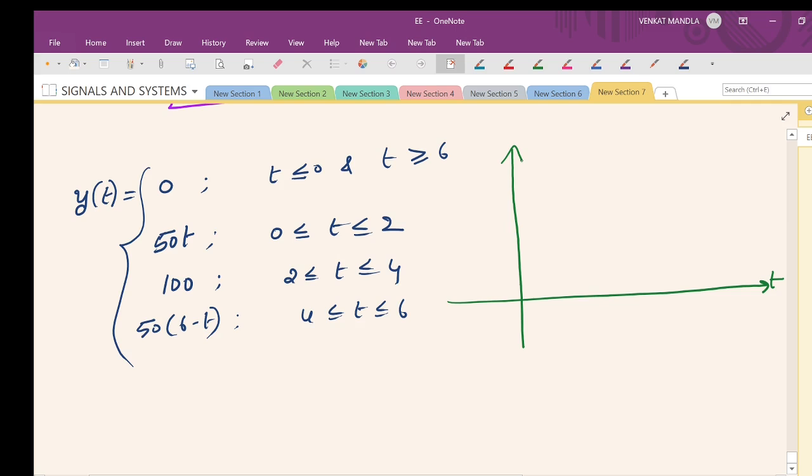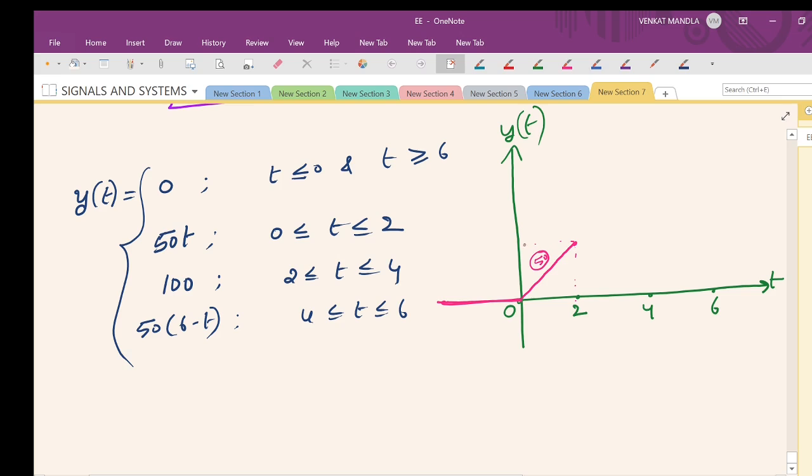This is t, this is y(t), with points 0, 2, 4 and 6. For t less than 0, the output is 0. For 0 to 2, 50t; this is y equal to mx, a line passing through the origin with slope 50.